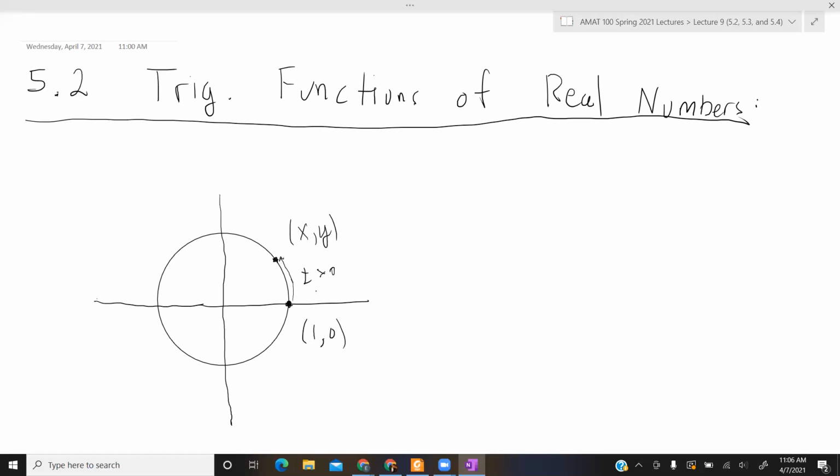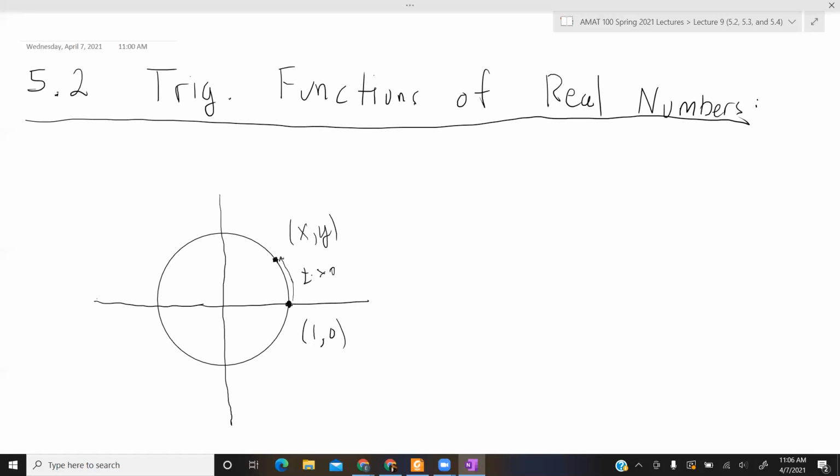So given a number t that represents some length you travel along the circle from this reference point, it will determine a point on the plane, on the circle. So there's this way of going. In section 5.1, we looked at ways of going back and forth between these two ways of viewing points on the circle.